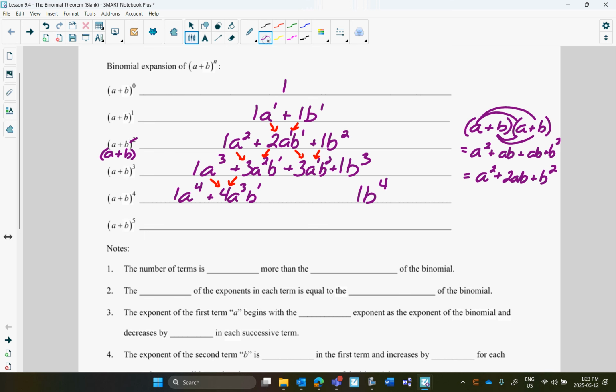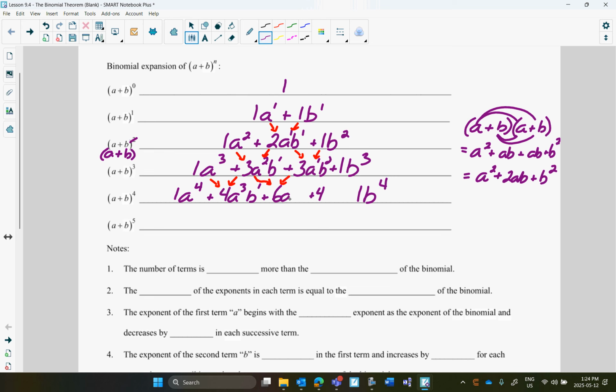So what do you think the next one would be? 4? You sure it's 4? I think you're thinking of this one. 6, because 3 plus 3.